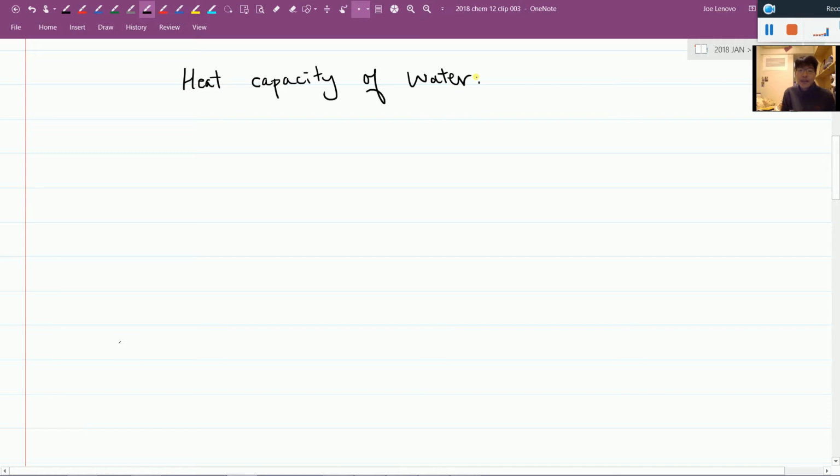The heat capacity of water is actually a particular chemical phenomenon that helps control our weather. When the weather is very wild, it means there's lots of rain around us.